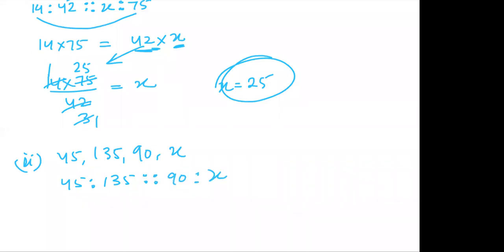Now multiply 45 with x is equal to 135 with 90. Now find the value of x.